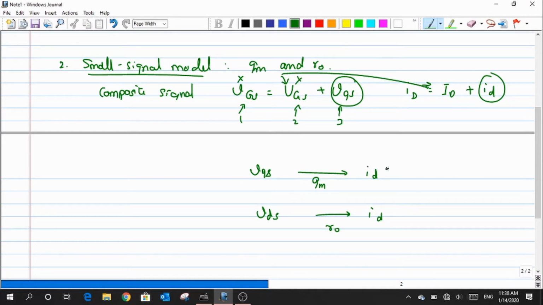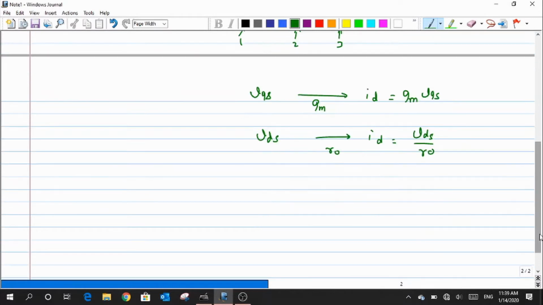In short, this ID could be written as gm times VGS, and the same could be done for this, but this time it has an inverse relation.